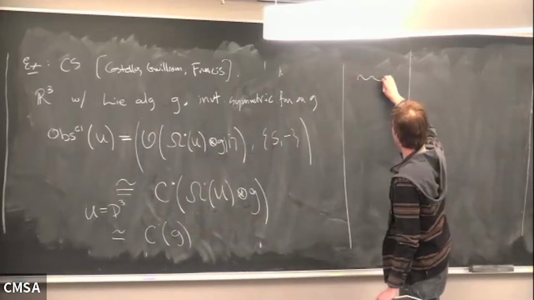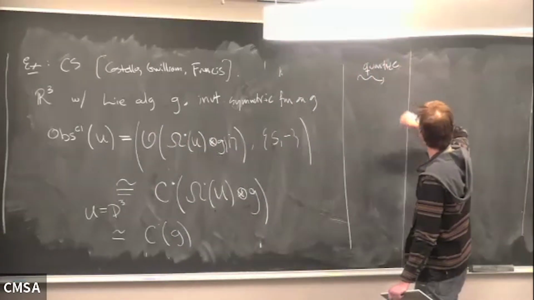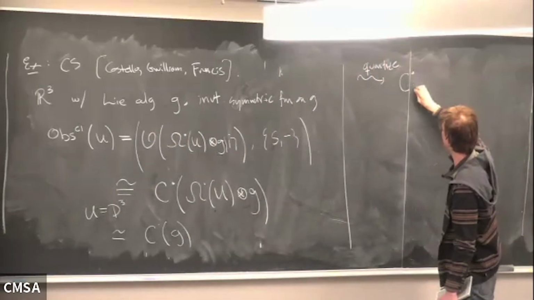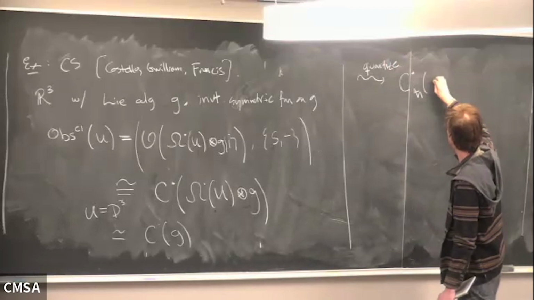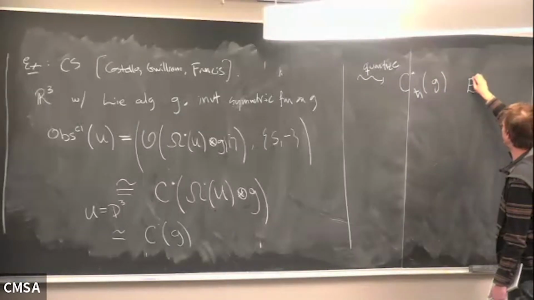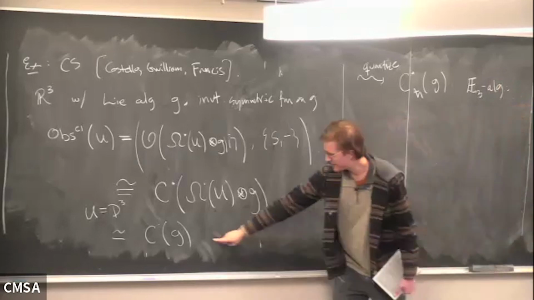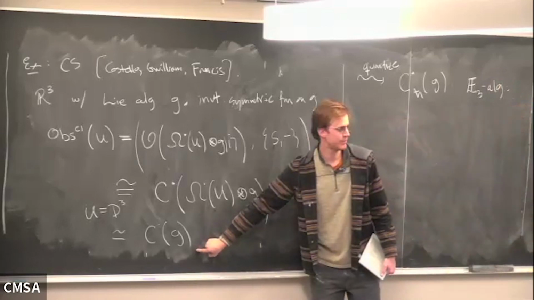So when we quantize, we get some deformation of this object. And it's a deformation as an E3 algebra. So before, this thing was a commutative algebra. We expected that.